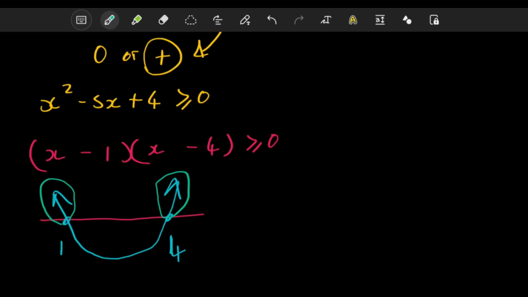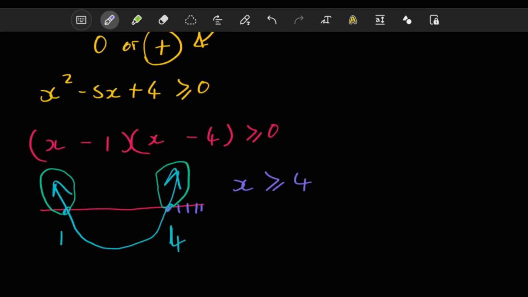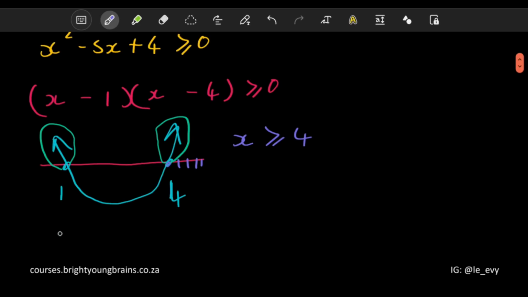The part above 0 is where x values are bigger or equal to 4, going to positive values bigger than 4. And here, x is smaller or equal to positive 1, like that, you see.